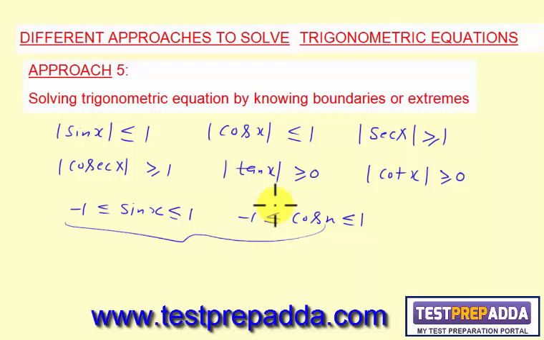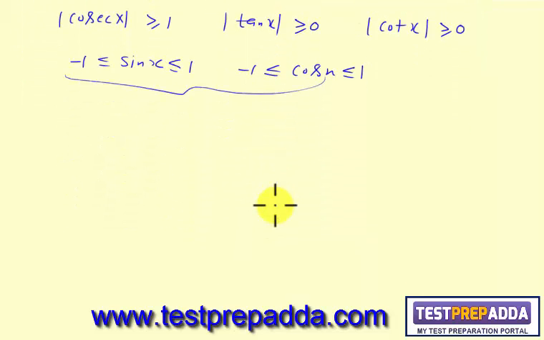Now this method will be useful in those cases where the variables in the equation are of different natures, or in one equation more than one variable is given. Those types of equations can be solved with the help of boundaries or extremes. So I'll take a question here to understand this method.